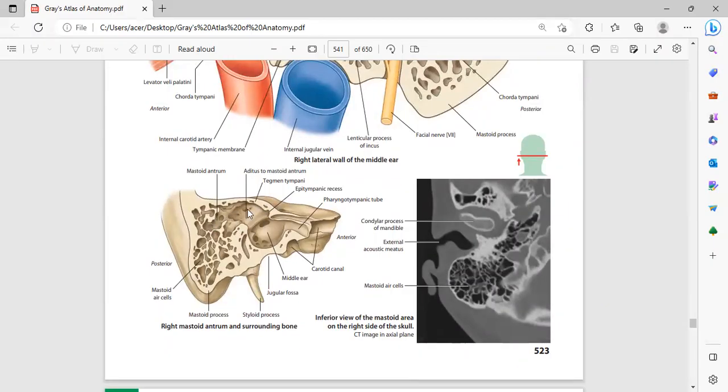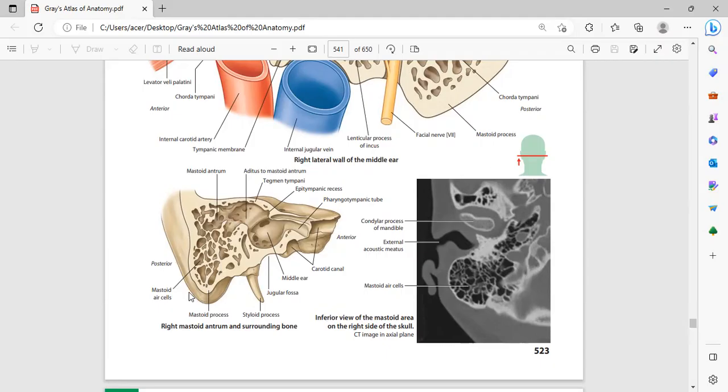So this is the aditus. Now we're looking at this from a lateral view. This is the anterior, this is the posterior. So here you have the middle ear, which means that the mastoid air cells and the mastoid antrum are located posterior to the middle ear.